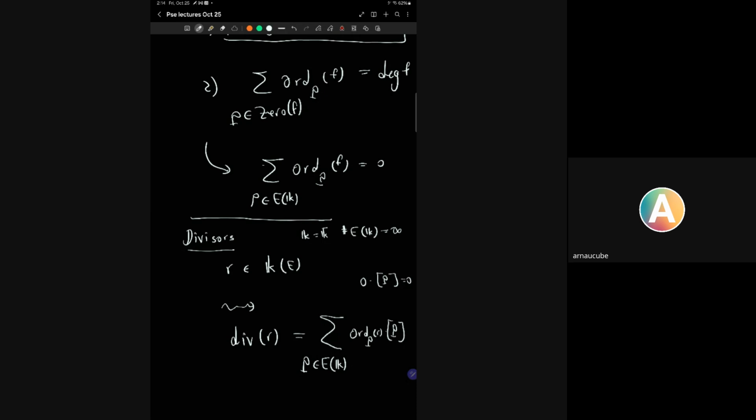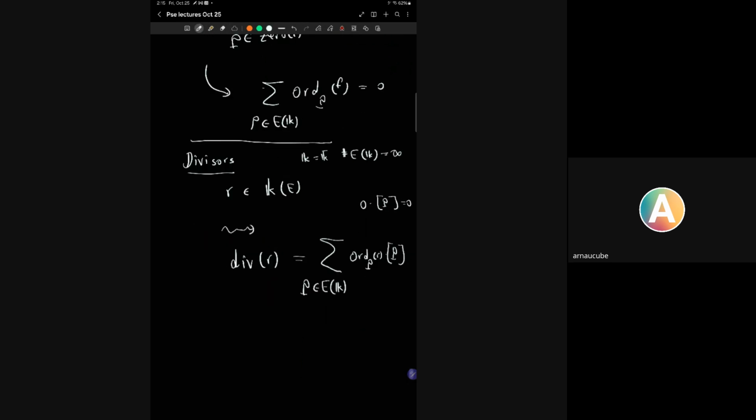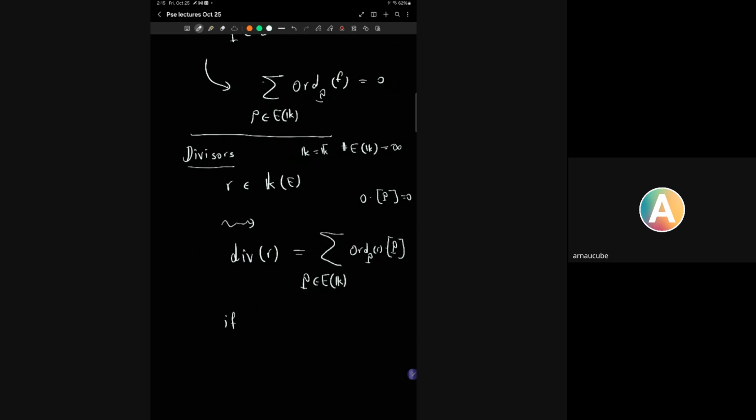And of course, if K is algebraically closed, then we know that the sum of all multiplicities of zeros and poles in P is going to be 0. But K is not necessarily algebraically closed.